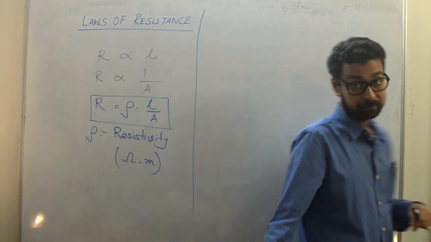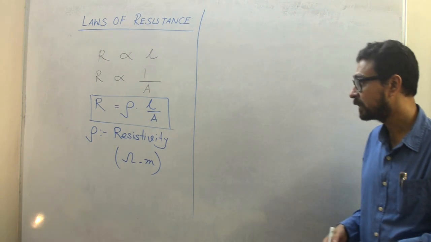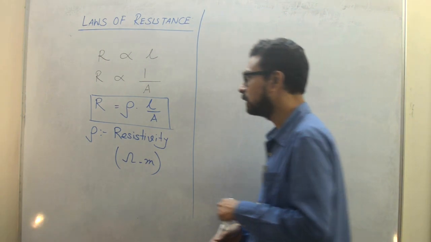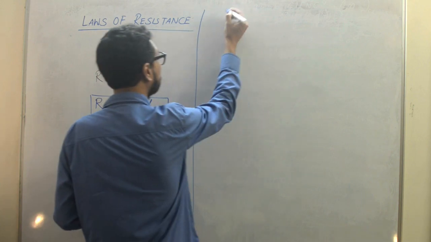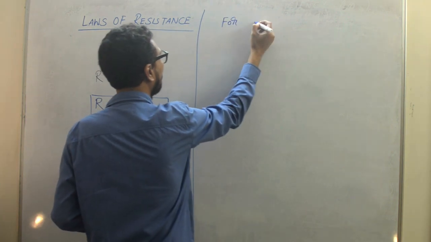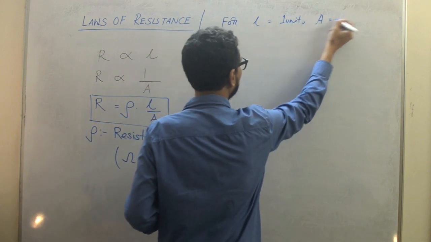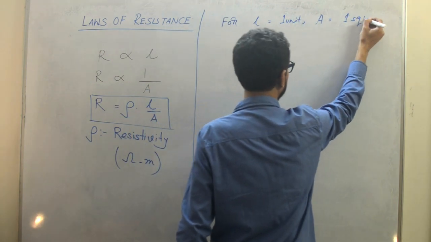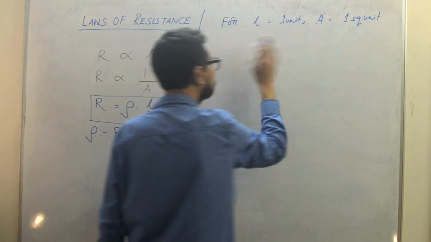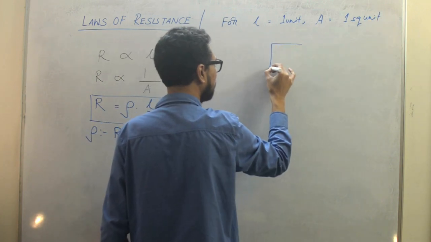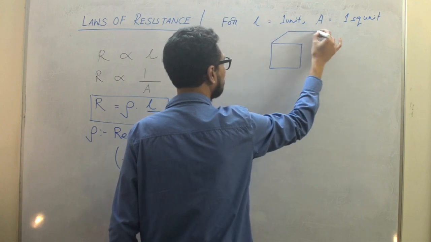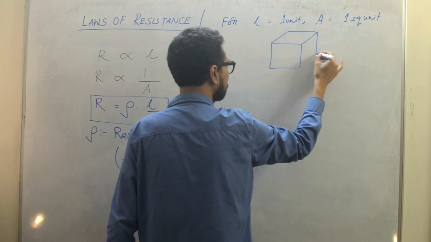All right, so we know what resistivity is, but we have to understand exactly the expression. For L equals 1 unit and A equals 1 square unit, I mean, if you imagine a cube of side 1 unit and the area of cross section to be 1 unit.